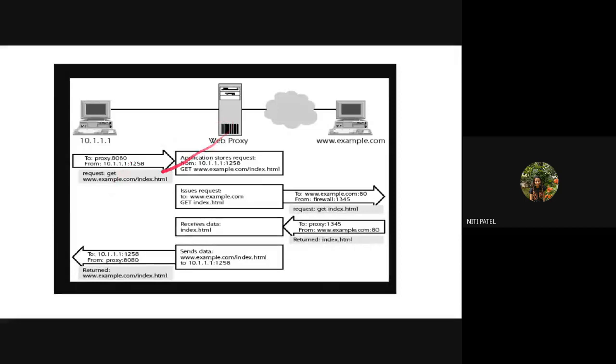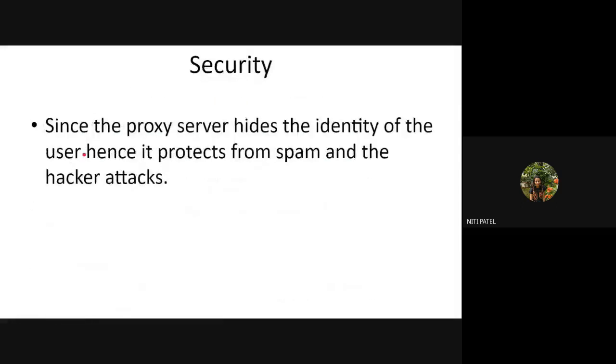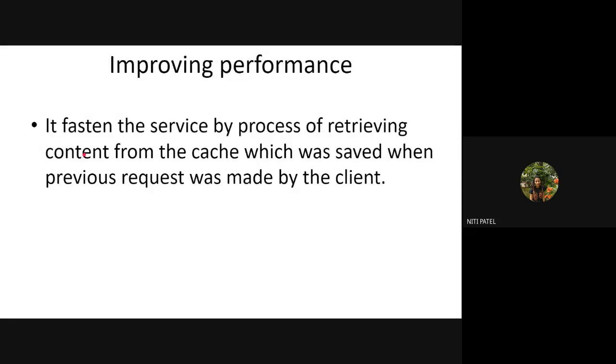Okay, so what is happening? By using this, my performance is increased by not unnecessarily forwarding the request to the server, taking the data from the server, changing the IP address again and giving it to the main machine. It happens in between the intermediate proxy server and the client machine. So this is how I can improve the performance by installing a proxy server between the main server and the client machine.